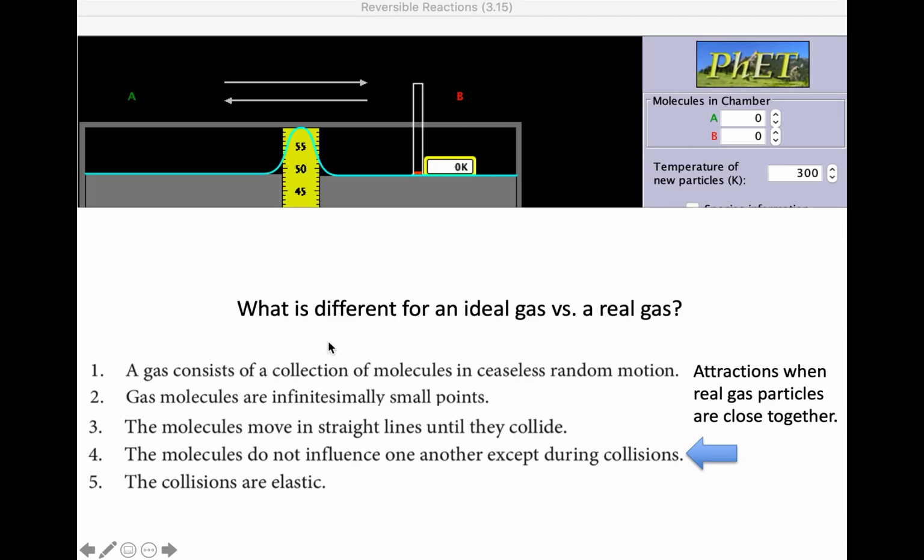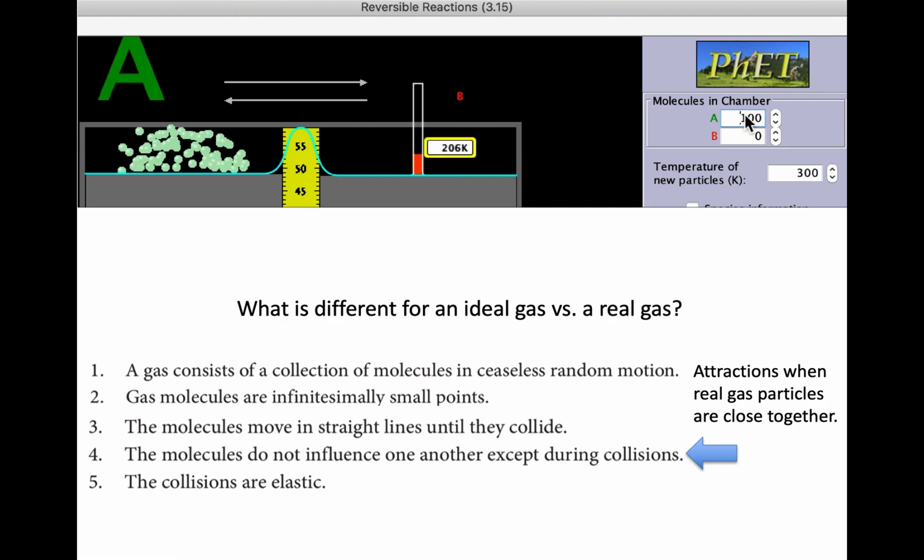Now, I'm beginning to think then, what would be different when I'm considering an ideal gas and a real gas for this scenario? A crucial thing is having to do with the attractions that can take place when I have the real gas. The scenario this is describing, it's as if I'm putting gas particles on one side of the chamber. I'm going to open up the barrier in between them, and now they move across.